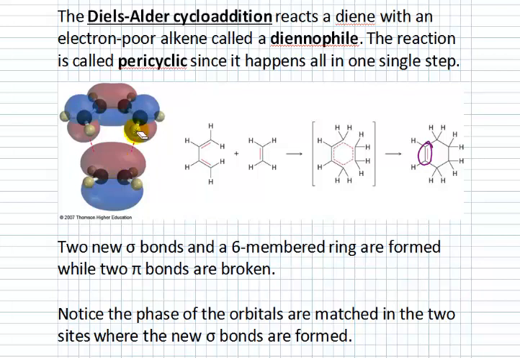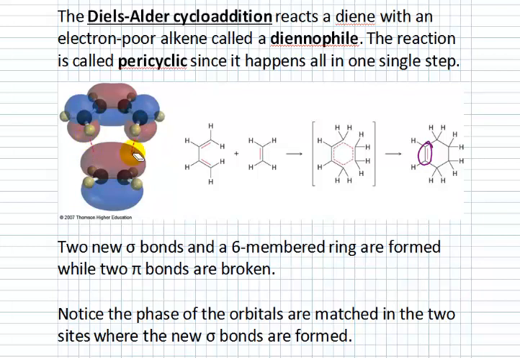There are multiple ways to do this, but it turns out one of them has to be the HOMO, the highest occupied, and one of them has to be the lowest unoccupied, because it's the highest occupied one that donates electrons into the lowest unoccupied of the other one. And it turns out when you do the relationships like that, the orbitals are aligned with each other and are able to overlap.